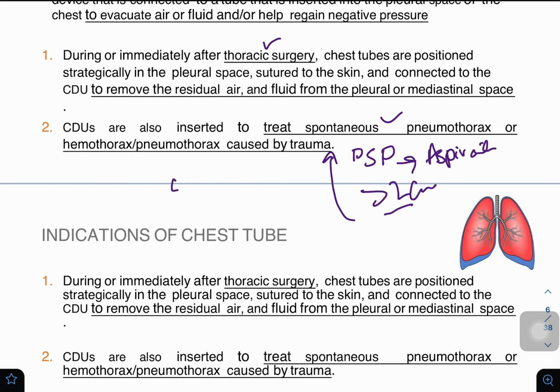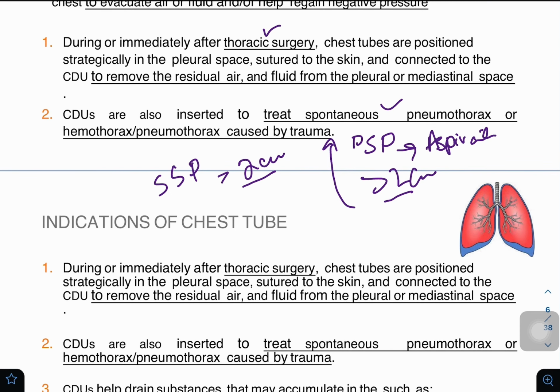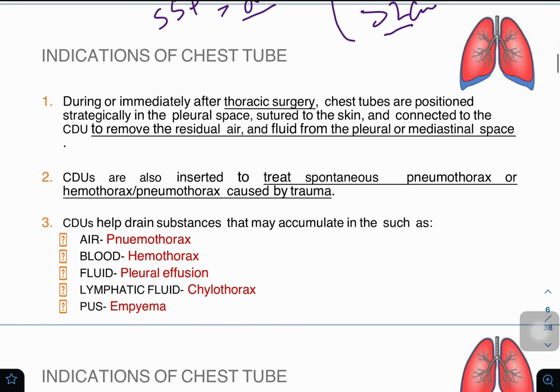Or in cases of secondary spontaneous pneumothorax, in which the patient is symptomatic with chest pain or dyspnea and the rim of air is more than 2 centimeters, then we need to put a chest drain. Or in a hemothorax, or recurrent pneumothorax caused by trauma, we need to put a chest drain.